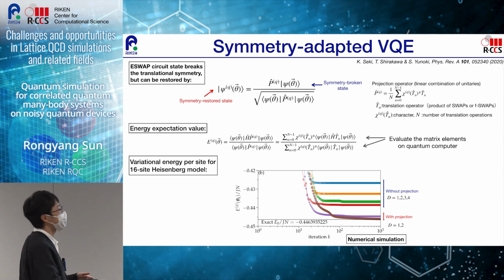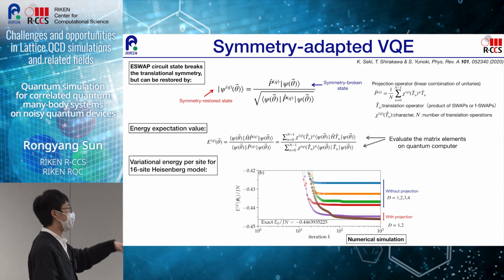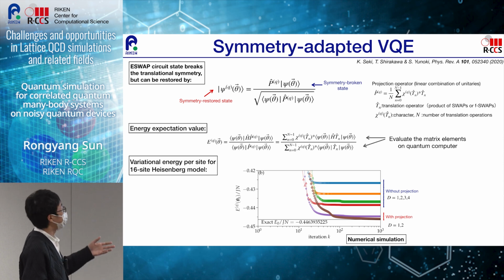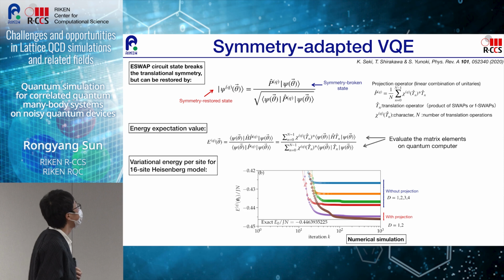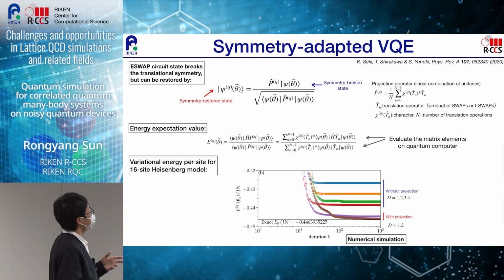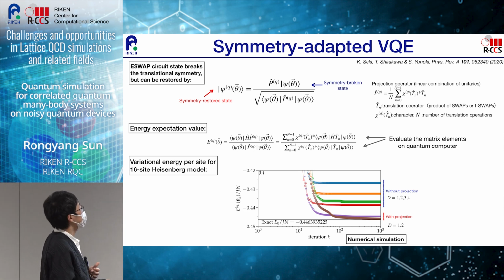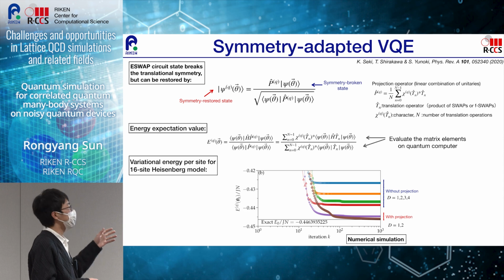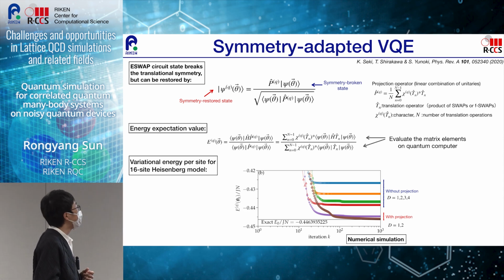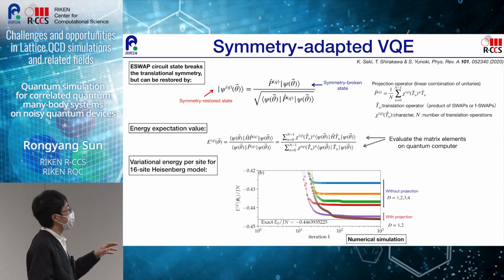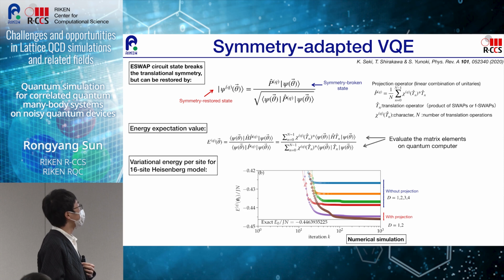And then we can go one step further. If you consider a periodic boundary condition, your wave function should be translationally invariant, but the E-swap circuit somehow breaks this translational symmetry. You can restore it by applying a projection operator. Unfortunately, the projection operator itself is not a unitary operator, so it cannot be directly realized on a quantum computer, but you can consider it as a linear combination of unitary operators.